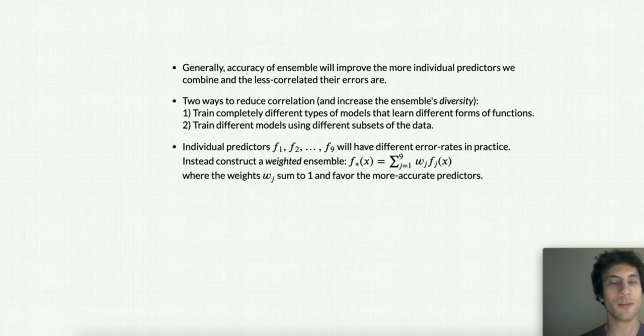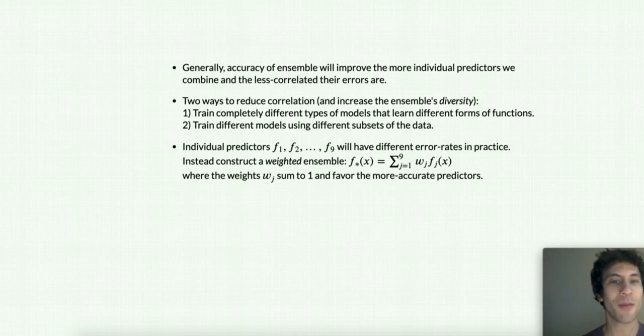2 ways to reduce the correlation of these errors and increase the ensemble's overall diversity are: 1, to train completely different types of models that tend to learn totally different types of functions, and 2, to train different models using different subsets of the data which lead them to learn slightly different functions. In practice, our individual predictors will have different error rates because some models will be better than others.